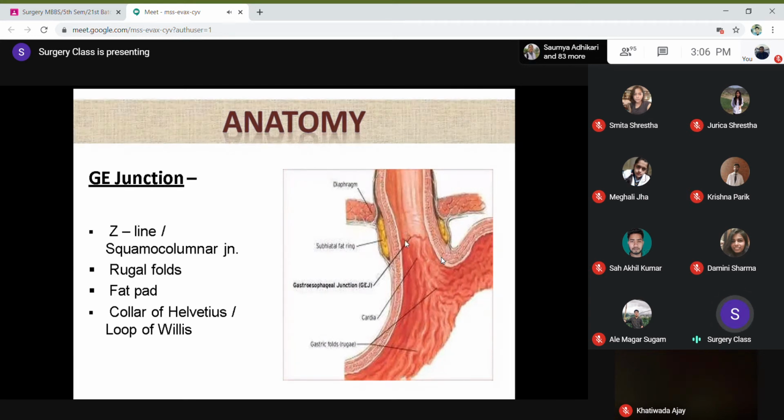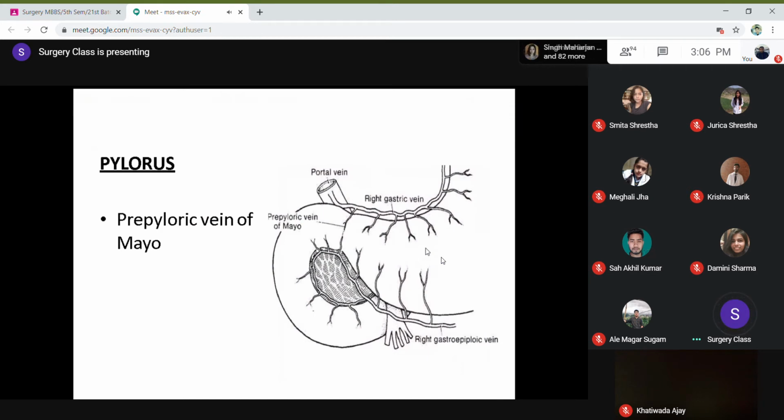There are various definitions of the gastroesophageal junction. You can see here clearly how the columnar epithelium and the squamous epithelium are separated.